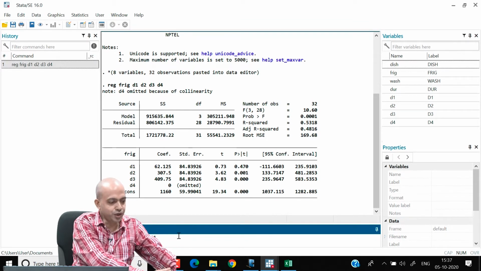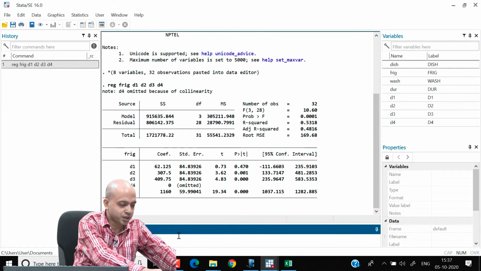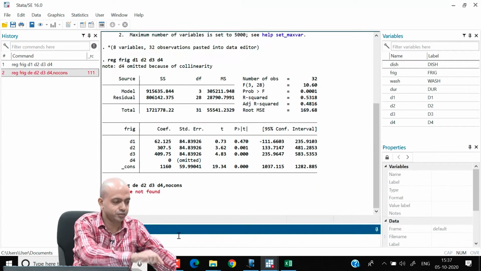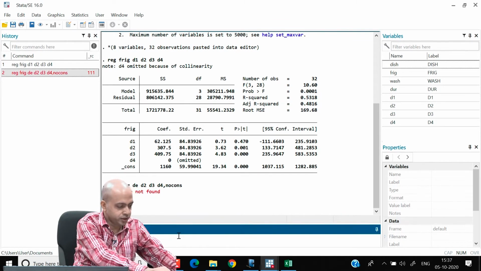You introduce 4 dummies, but you mention that you don't want any constant term to be included. Sorry, this is reg, then FRIG, D1, D2, D3, D4, and then noconstant.